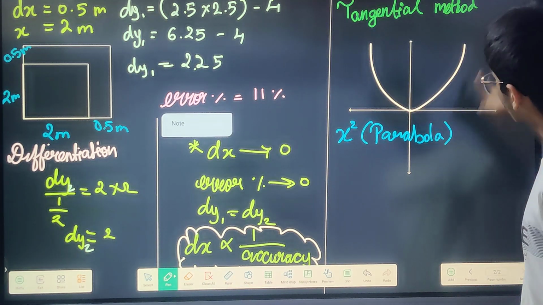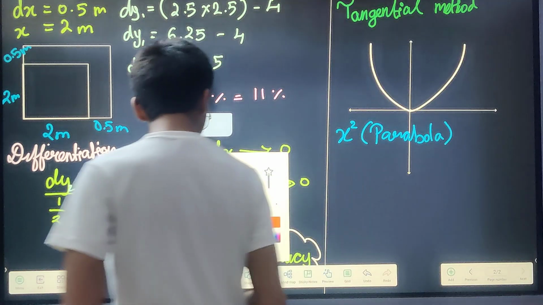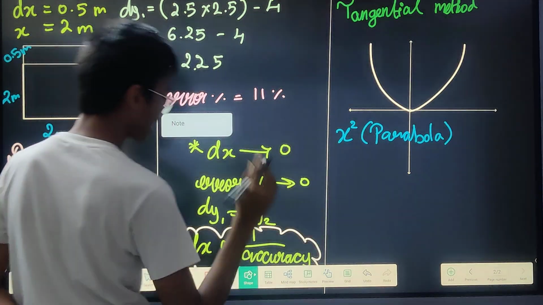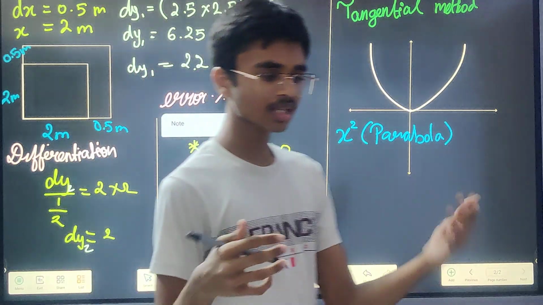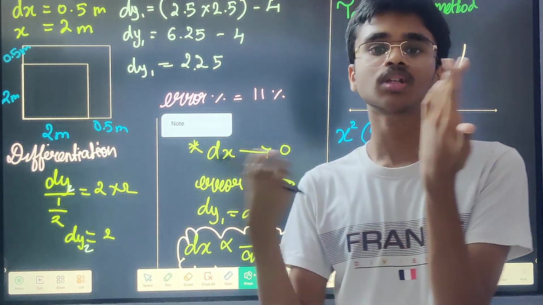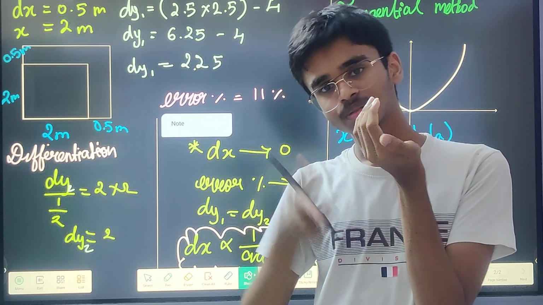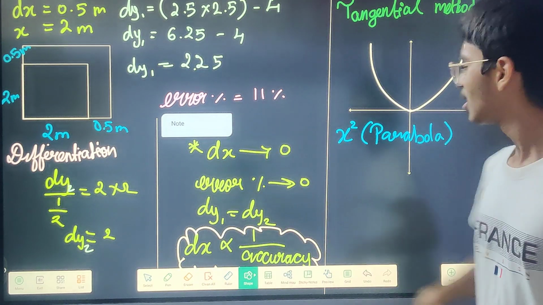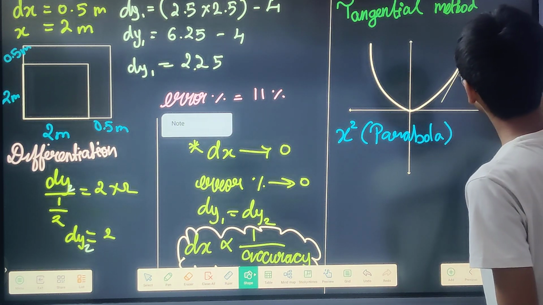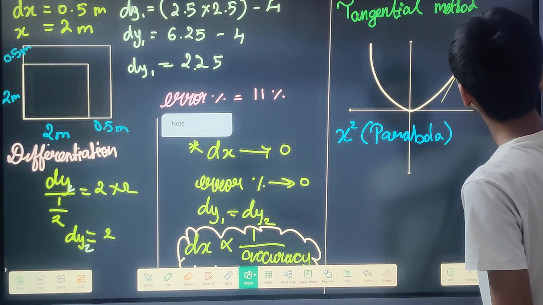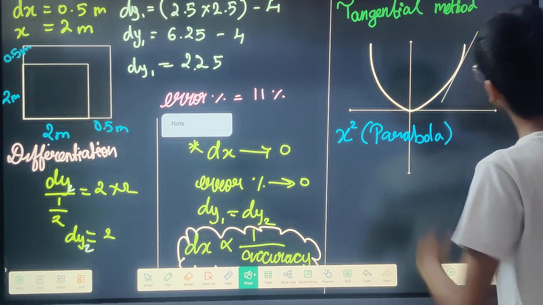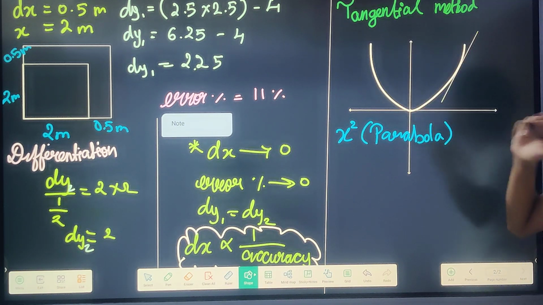See, this is your parabola, and if you have to calculate its tangent, what is a tangent? A tangent is a line that just touches one point of the curve, just touches like this and goes. So over here it will be touching at just one point and will be gone, just like that.